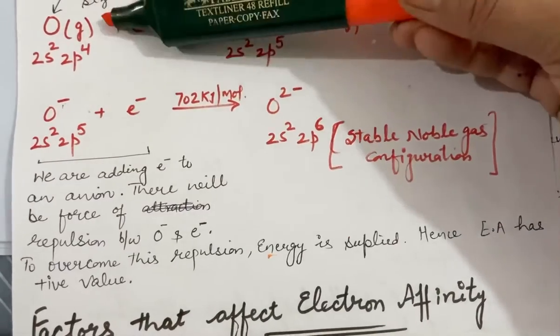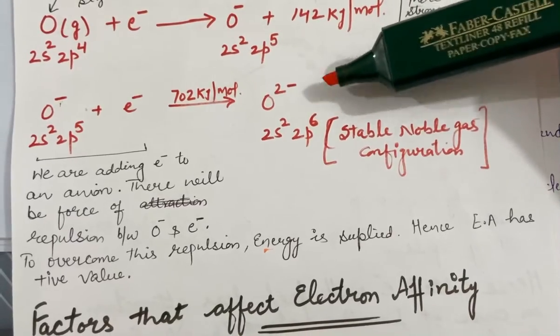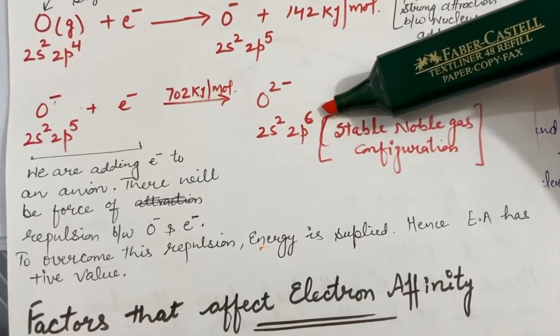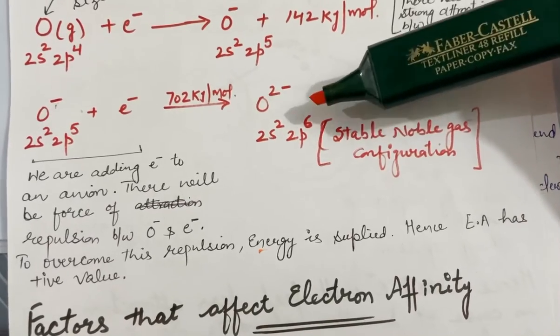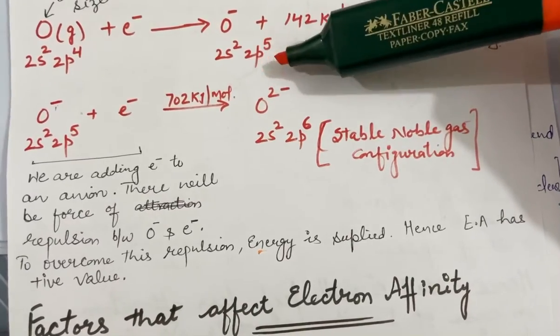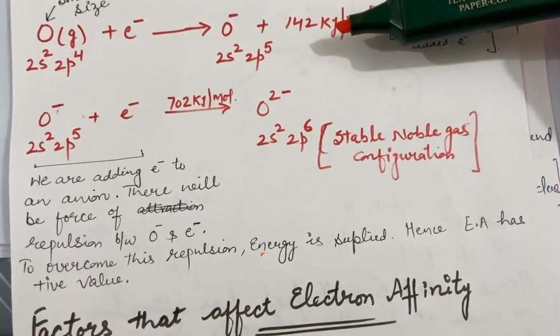The second reason, which I consider more effective, is that in forming the O2 negative ion from O negative, the electronic configuration in the O2 negative ion is the fully filled, nearest noble gas configuration of 2s2 2p6, as compared to the 2s2 2p5 electronic configuration of the O1 negative ion.